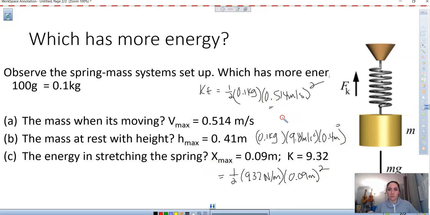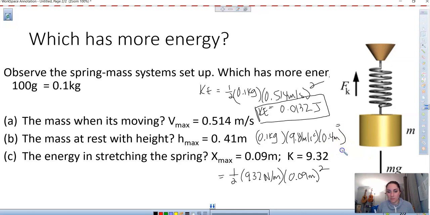Okay, I'm going to calculate those right now. So 0.5 times 0.1 times 0.415 squared gives 0.0132 joules of kinetic energy. Then 0.1 times 9.81 times 0.4.